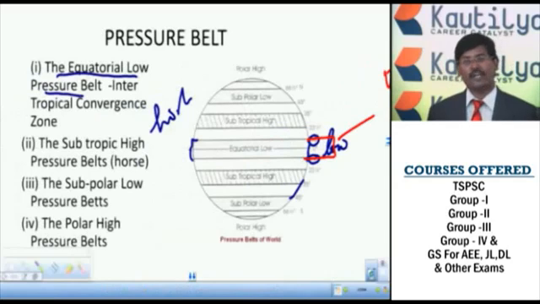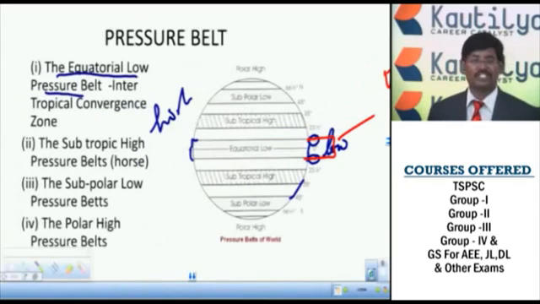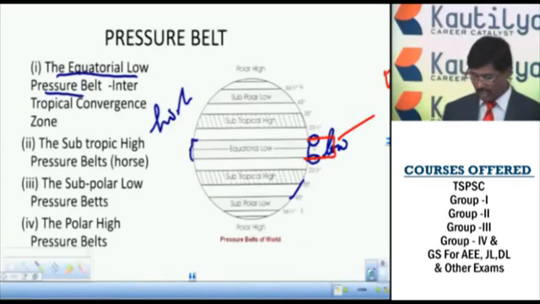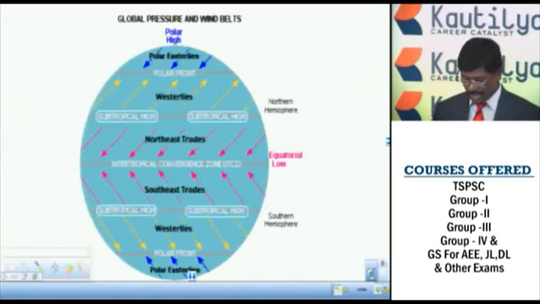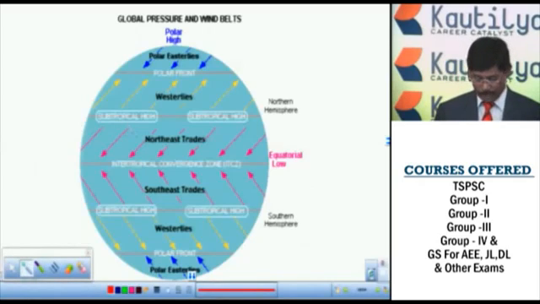So this equatorial low pressure belt is generally called the intertropical convergent zone. Why is it called the intertropical convergent zone? Look at this picture on the globe: high pressure area to low pressure area, again high pressure area to low pressure area.